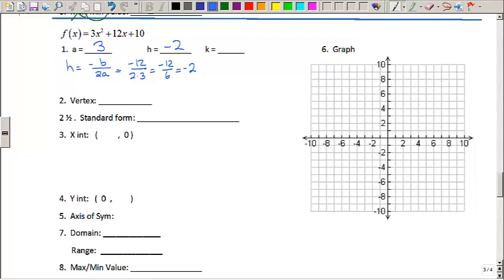Now that I found my h, to find my k, k is equal to the function's value at h. So I plug in my h of negative 2, which is 3 times negative 2 squared plus 12 times negative 2 plus 10.